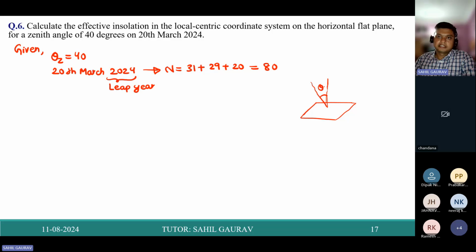So this is the zenith angle, theta z, and this is the extraterrestrial insolation. We have to find this L effective.